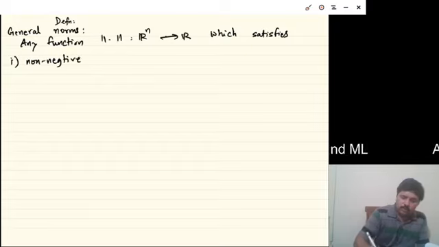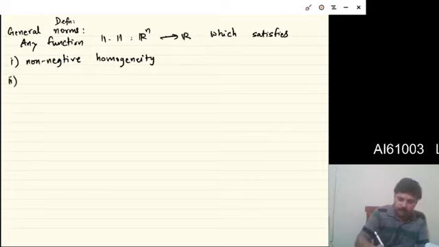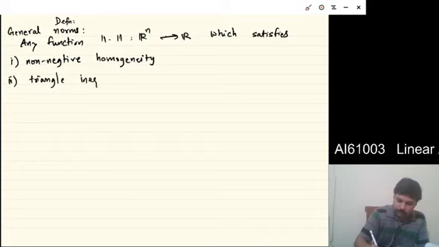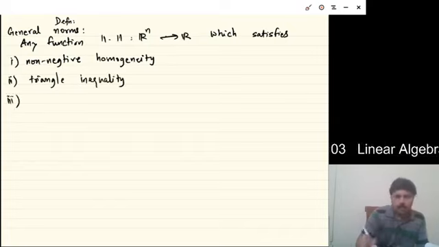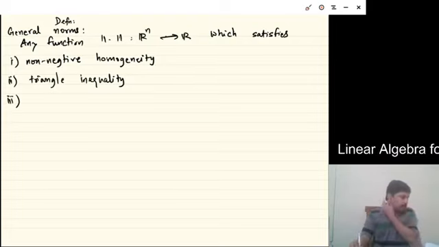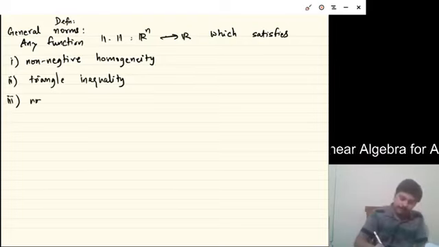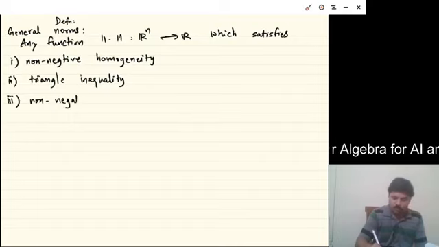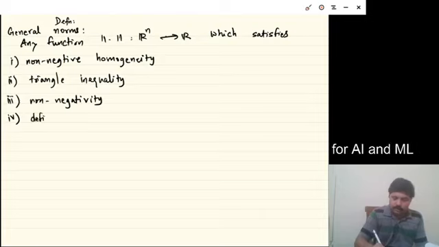Homogeneity, triangle inequality, then the third property is non-negativity, and the fourth property is definiteness.